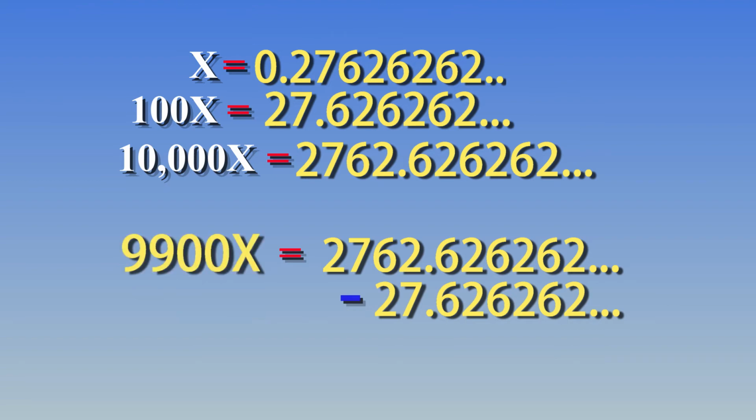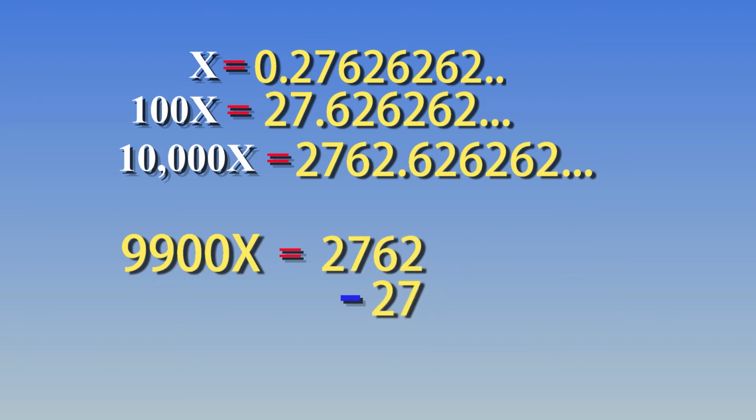The left-hand side results in 9,900x, and on the right-hand side, the recurring decimals cancel, and we are left with 2,762 minus 27, and that gives 2,735. So 9,900x equals 2,735.